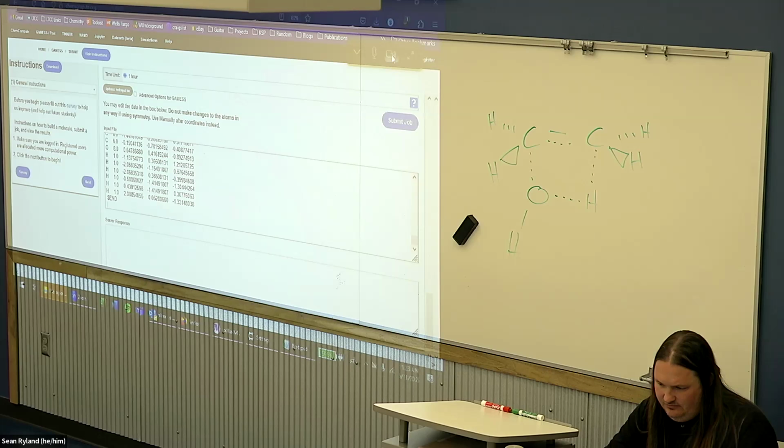So since matter has an E equals MC squared relationship, having any matter is way more stable than having no matter. So basically a Hartree is a huge amount of energy relative to what we're dealing with. So we always need to be looking at differences in energy. This actual number in Hartrees is, for all intents and purposes, useless. It's only useful in the context of comparing it to something else.